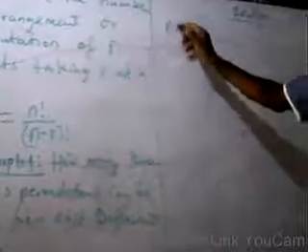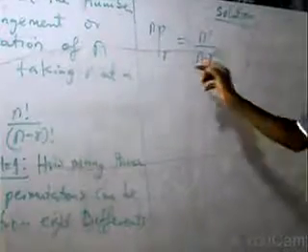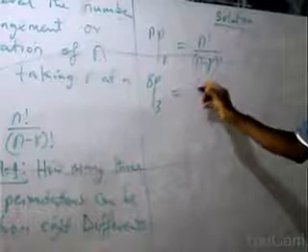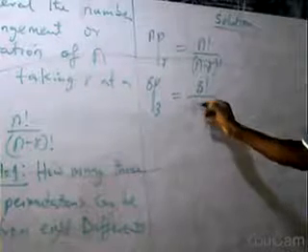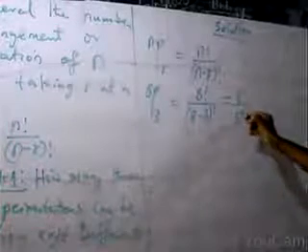So, solution to this. We know that n permutation R is equal to n factorial all over n minus R factorial. So you have 8 objects and you want to take 3 at a time. That is 8 factorial all over 8 minus 3 factorial, and that is 8 factorial all over 5 factorial.